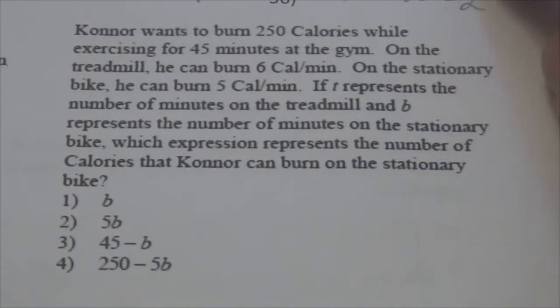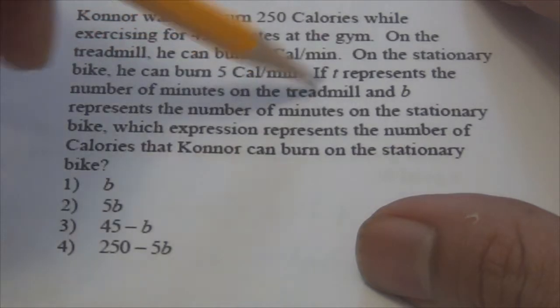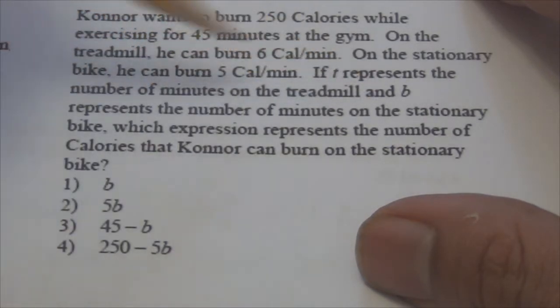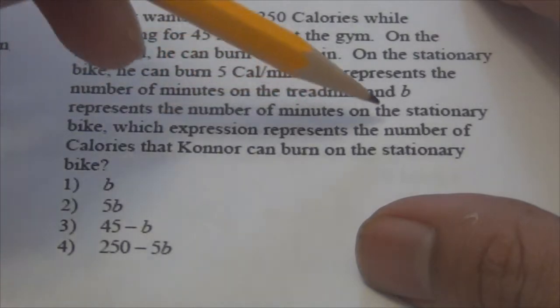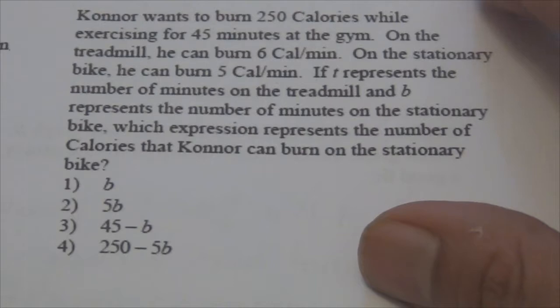Connor wants to burn 250 calories while exercising for 45 minutes at the gym. On the treadmill he can burn 6 calories per minute. On the stationary bike, he can burn 5 calories per minute. If T represents the number of minutes on the treadmill and B represents the number of minutes on the stationary bike, which expression represents the number of calories that Connor can burn on the stationary bike?